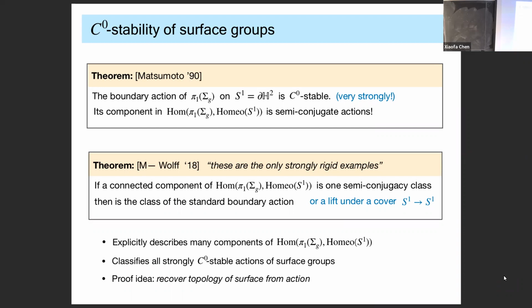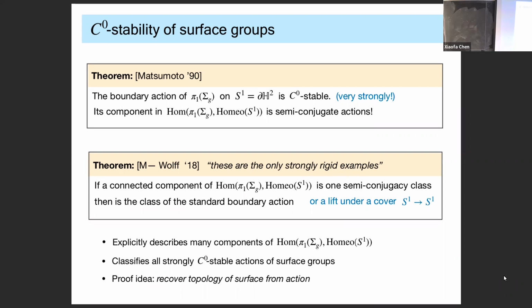And okay, actually, permitting lifts to covers gives you all rigid examples. So this was a big, long piece of work that took us many years. But the upshot is that we can describe many components of the space of all actions of a group on a manifold, something that has been done in very few contexts. We have a classification of all stable or all rigid actions.